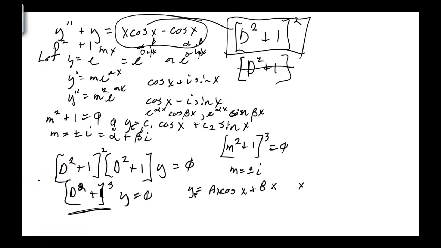Now, let's back up a bit here. You have plus or minus i of multiplicity 3, so your solution has to have both the x term and the x squared terms.